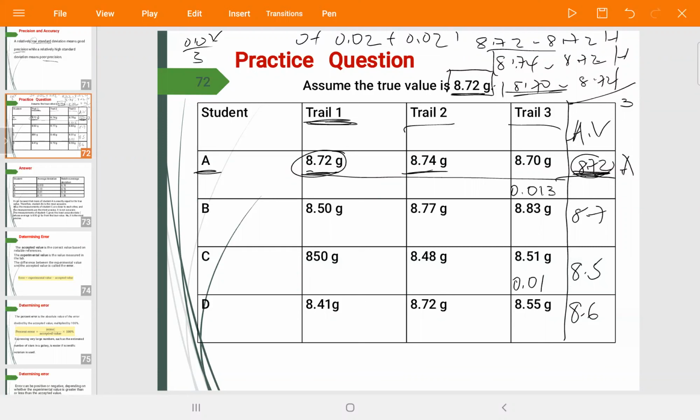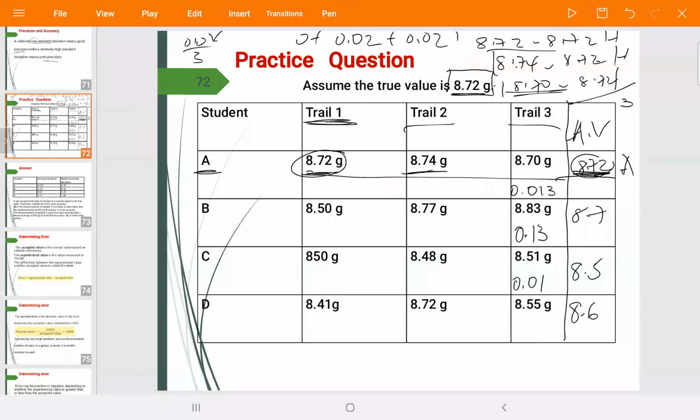All right. 0.133. B, Iman, okay. 0.13. All right, good.